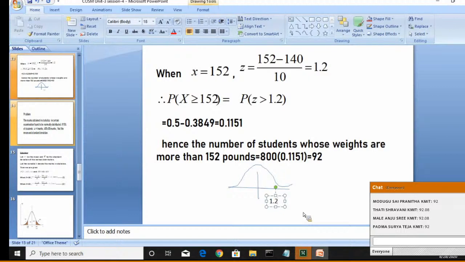So we will be finding the value from 0 to 1.2 and subtracting from 0.5. 0 to 1.2, the value is 0.3849. So we are getting it as 0.1151. Multiplying it with 800, you are getting it as 92.